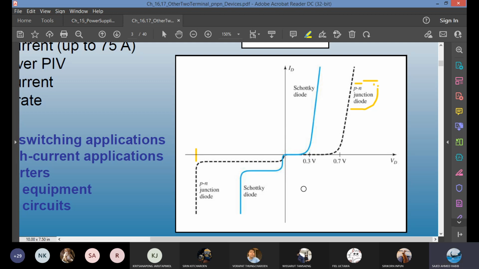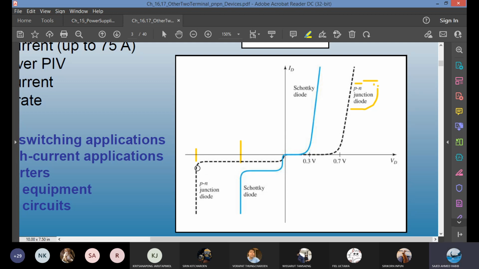The blue line now is the Schottky diode. Only around 0.3 volt you have full conduction. What about the reverse saturation current? Look at the two levels. The regular PN junction diode has a certain amount of reverse saturation current. This one has larger current in the reverse direction. When does it break down?